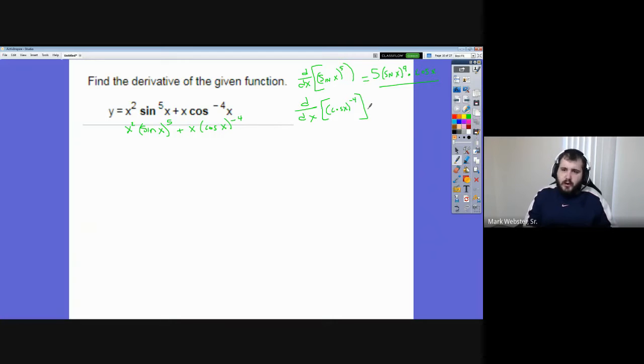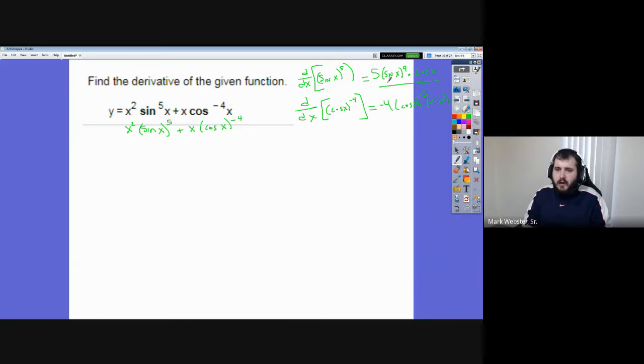And we look, okay, we're going to take the derivative of the outside, so bring down the negative 4 cosine x, and then we bring it down 1. Negative 4 down 1, now it's negative 5, right? Times the derivative of the inside, negative sine x.